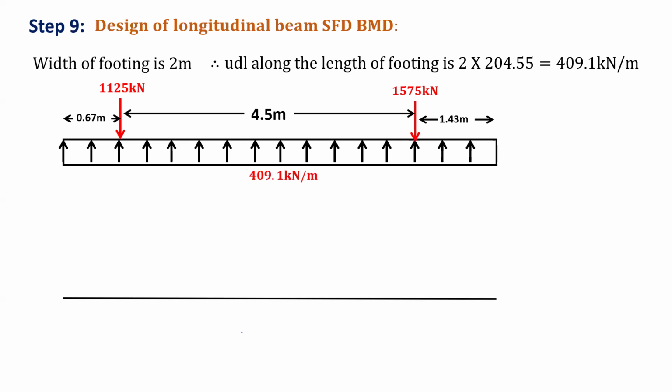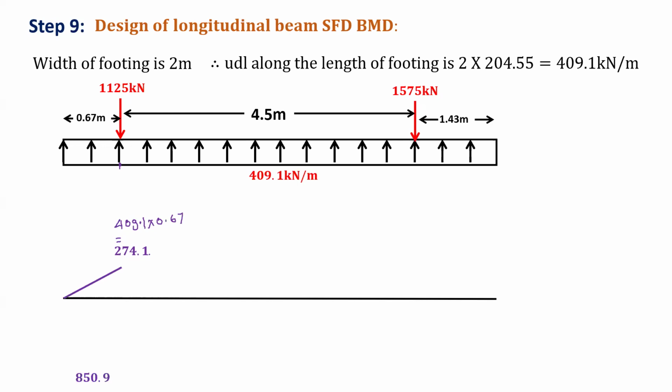So first we have to find the shear force under column A. We will get it as 274.1. How will we get it? We have 409.1 into 0.67, and from this we get 274.1.